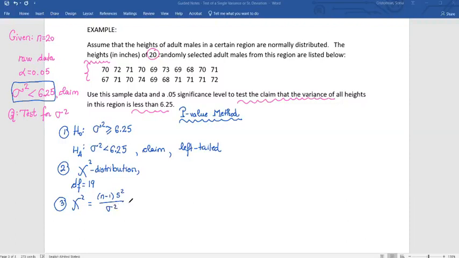So plugging in the formula, we have 19 times s squared divided by sigma squared. Well, I know sigma, but it seems that we run into a situation. And again, pay attention to notation. Sigma squared is 6.25, so I don't have to square it, okay?